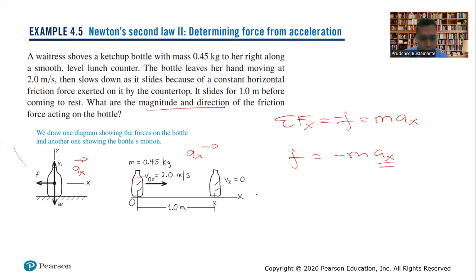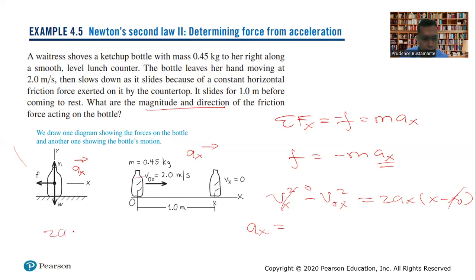To get the acceleration, use the kinematics equation: v squared minus v sub ox squared is equal to 2 times a sub x times x minus x sub o. Here our final velocity is equal to 0, and x sub o is equal to 0.